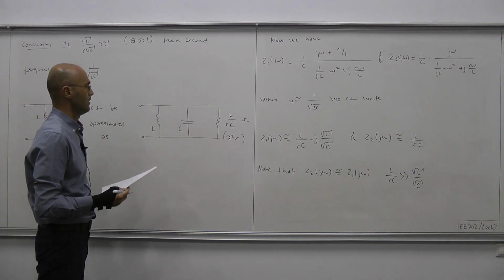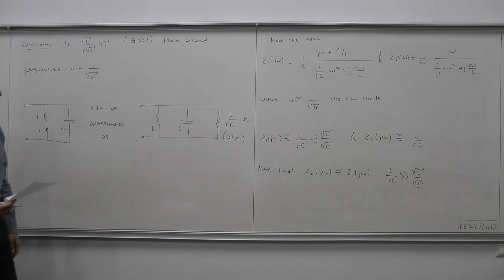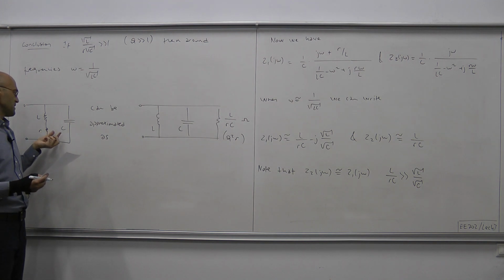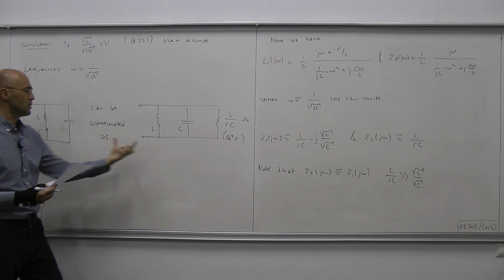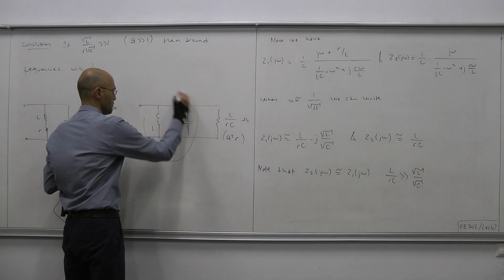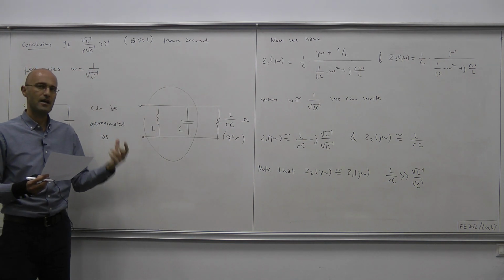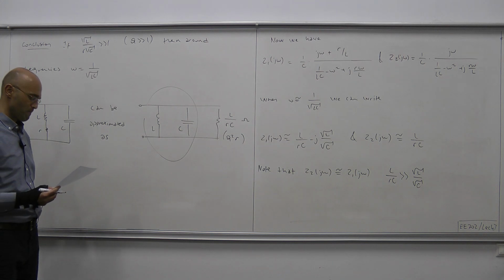Okay. So that's how to move from this non-ideal parallel connection to the ideal parallel connection, where pure L and pure C appear in parallel.